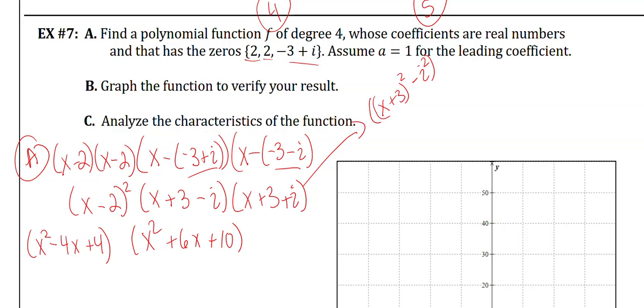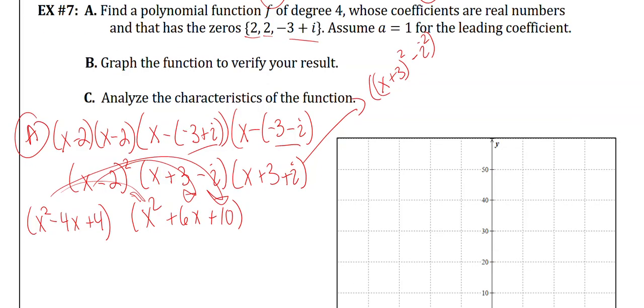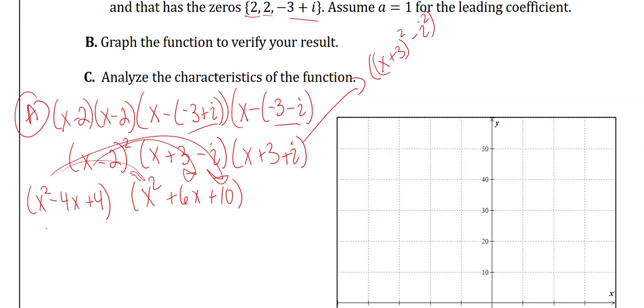And what would happen is you would need to distribute each one of these. So the x squared gets distributed here and here and here. And then you do the same thing with the negative 4x. Well, we're going to save some time. This ends up giving you x to the fourth plus 2x cubed minus 10x squared minus 16x plus 40.